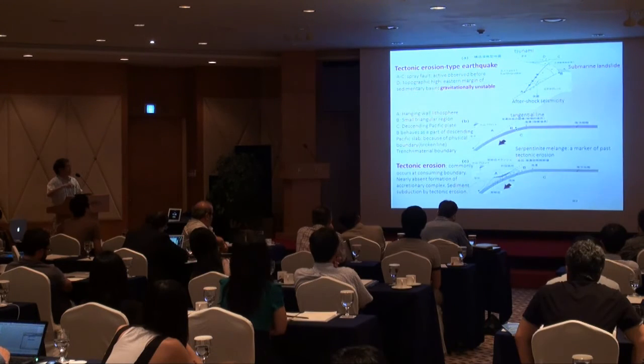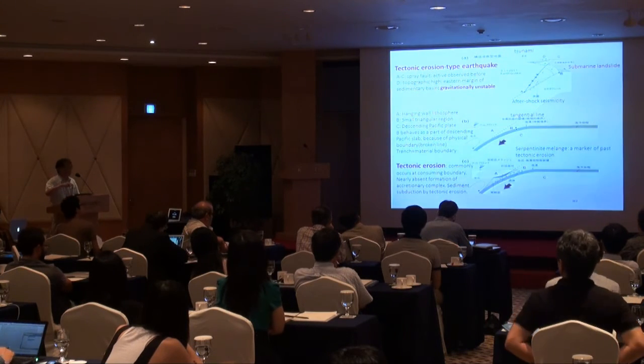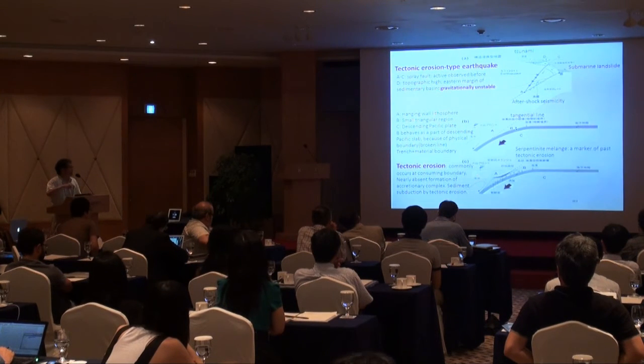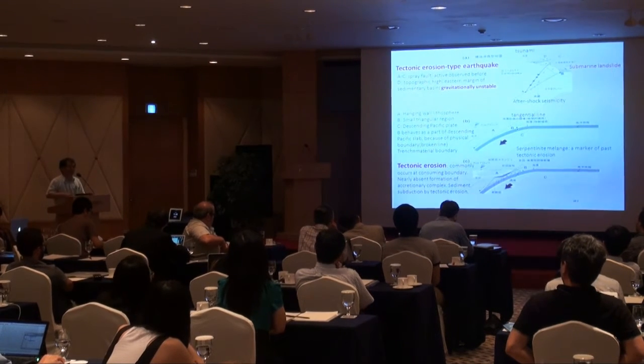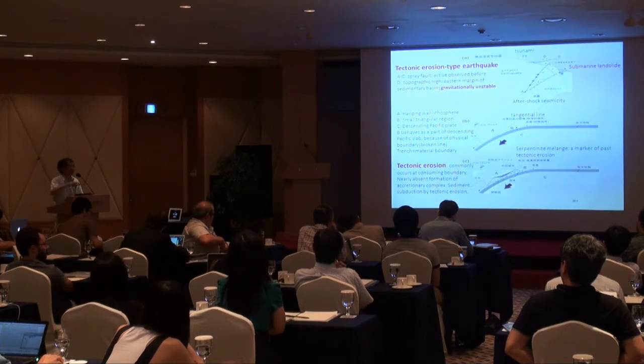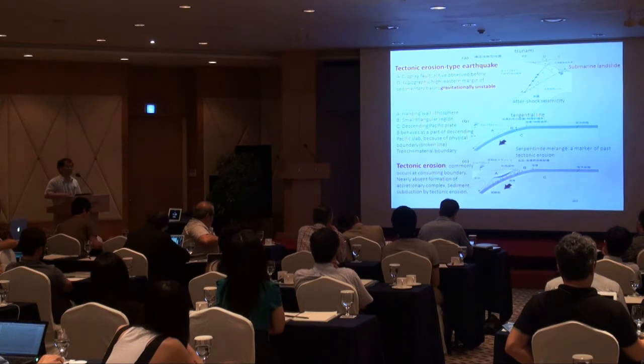In some good examples on land geology, we can see the big boundary of sedimentation. We call this serpentinite melange belts, extending sometimes several hundred kilometers. And we see sedimentation ages above and below that have a huge gap, sometimes 200 to 300 million years.